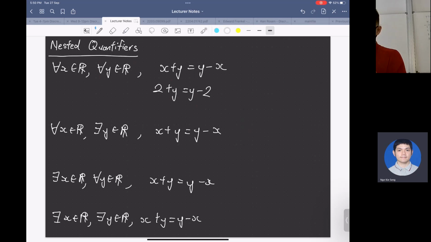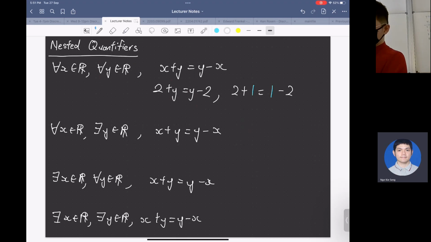I'm a practical person, so I want to try first. Let's say I try 1: 1 plus 2 equals 1 minus 2. I use different colors so that you can differentiate Y and X. So is this true? 3 is equal to minus 1. Clearly false, right?